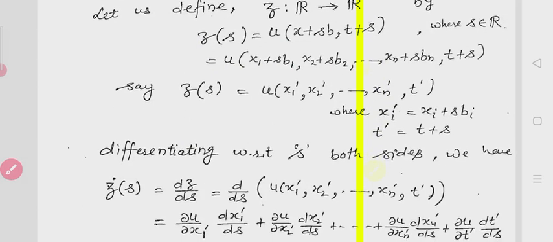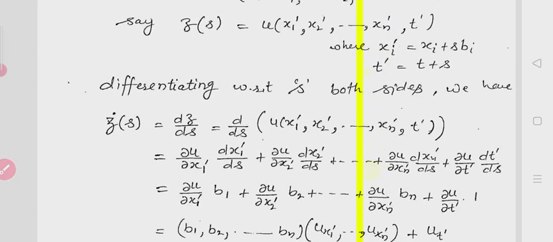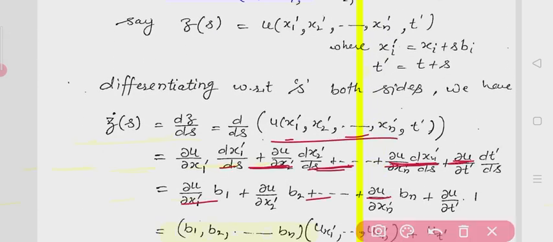Now we take the differentiation of this z with respect to s. So z dot s is a function of this, so the chain rule will be applied here.